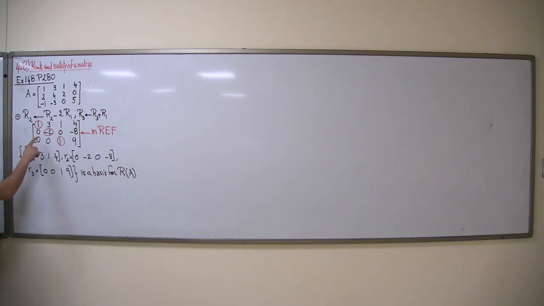And now I have 3 pivots again. Pivot in the first column, pivot in the second column, pivot in the third column, but I do not pick up those columns. I go back to the initial matrix, the corresponding ones.